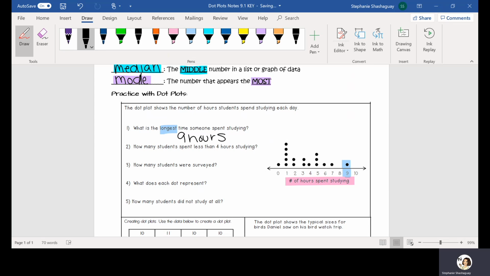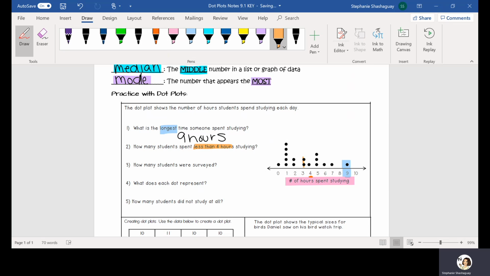Okay, how many students spent less than 4 hours studying? Well, here is my 4 hours, but I want the number of students that spent less than 4 hours.